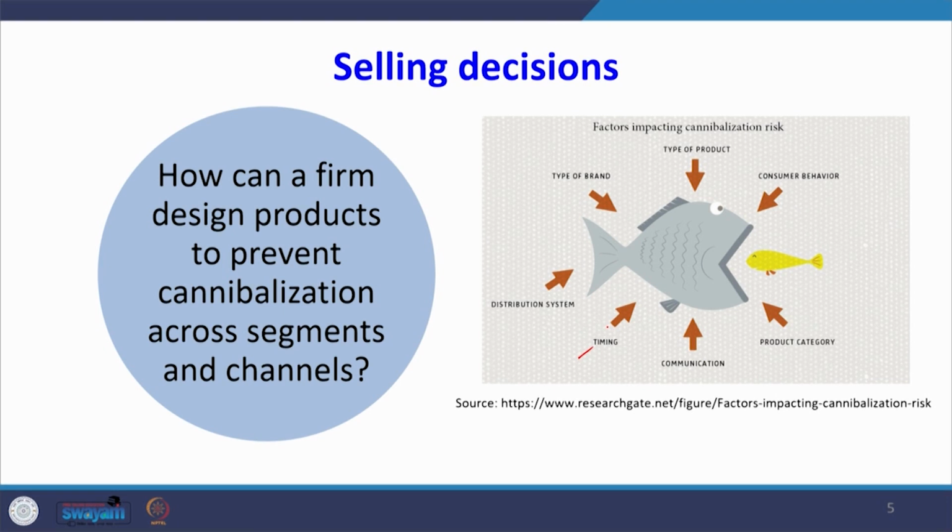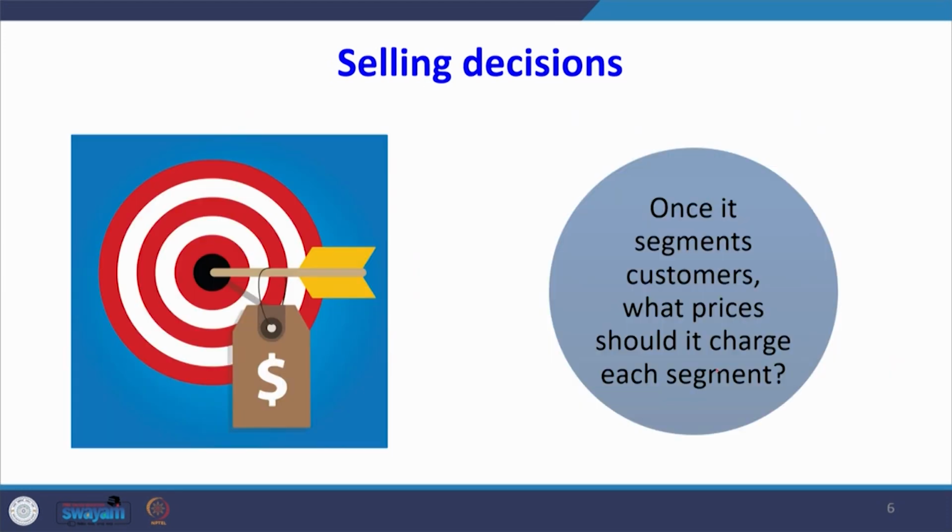Even nowadays on e-commerce portals, if people are willing to wait longer there is a lesser charge; if you want immediate delivery, there is a higher charge. Then the distribution system, type of brand, type of products, consumer behavior, product category and communications are factors impacting cannibalization risk.